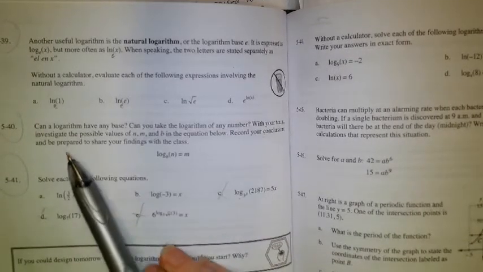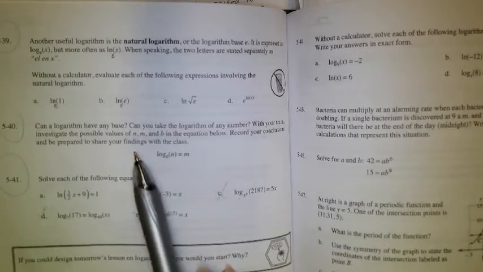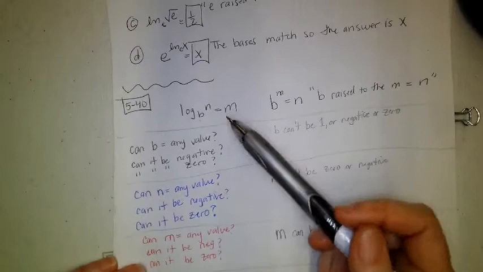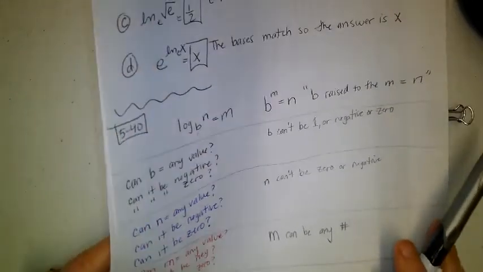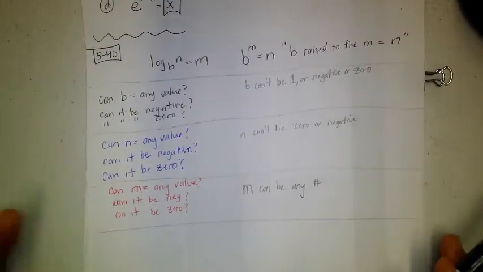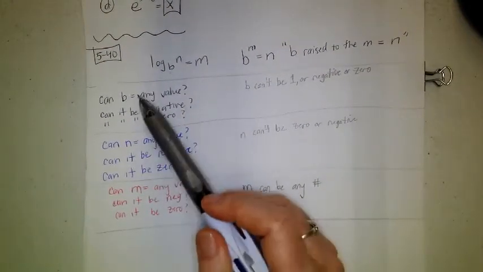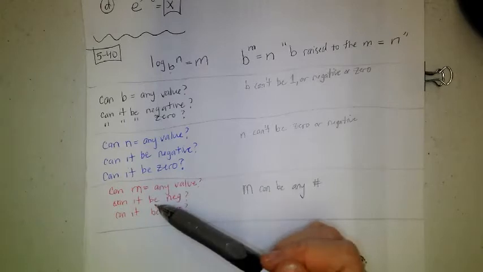Record your conclusions and be prepared to share your findings with the class. So I'm just going to go through each of the variables and ask myself, can they be any value? We'll start with b, and then we'll do n, and then we'll do m.